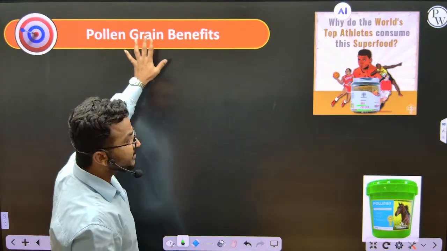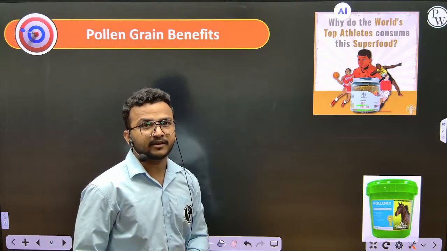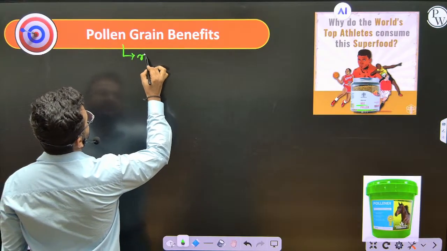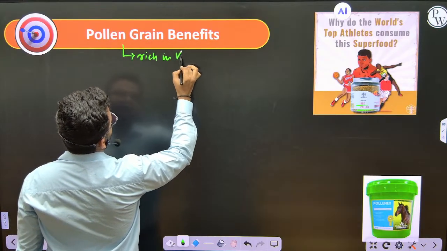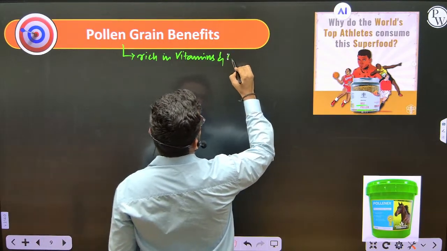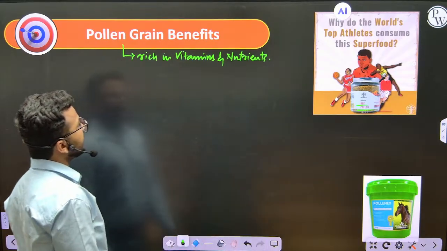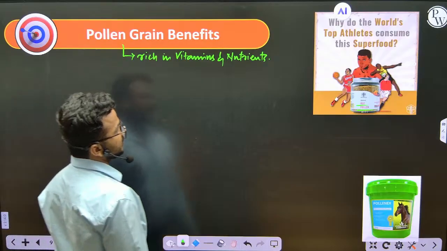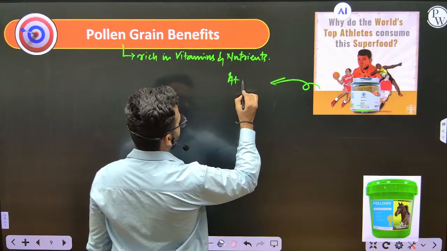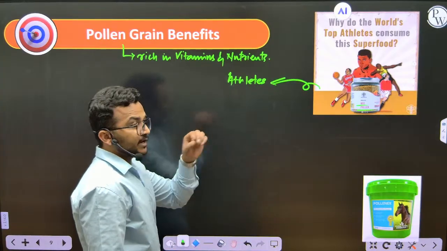The benefits of pollen grains are that they are rich in nutrients and vitamins. Due to that, these pollen grains can be consumed by athletes to enhance performance.